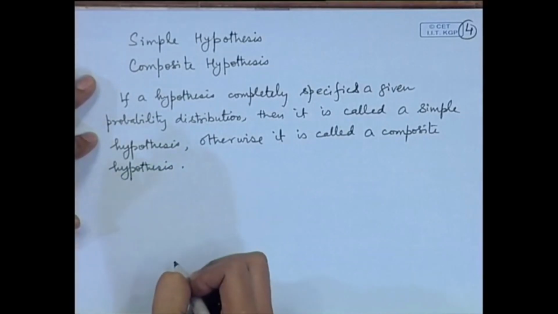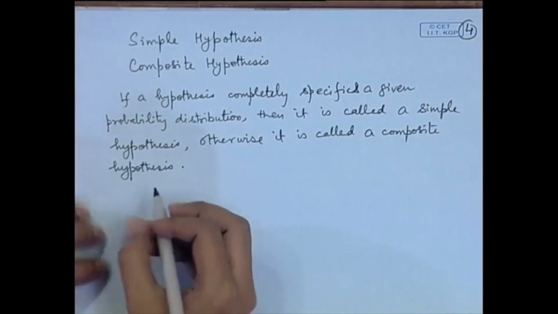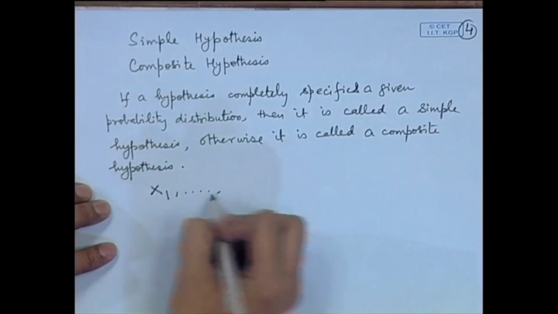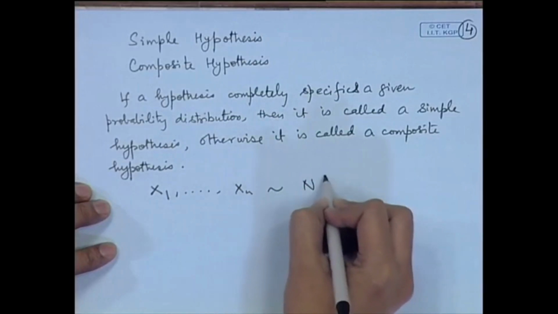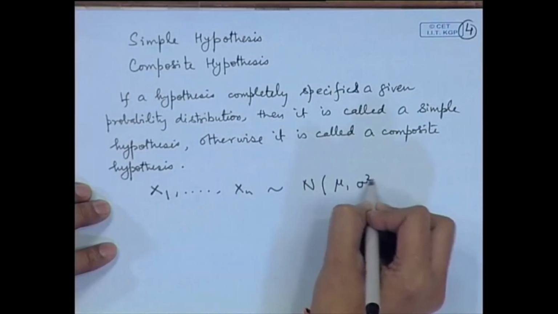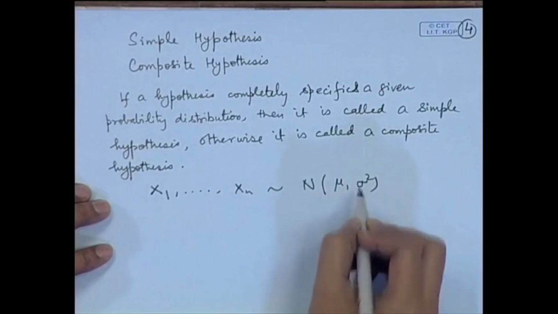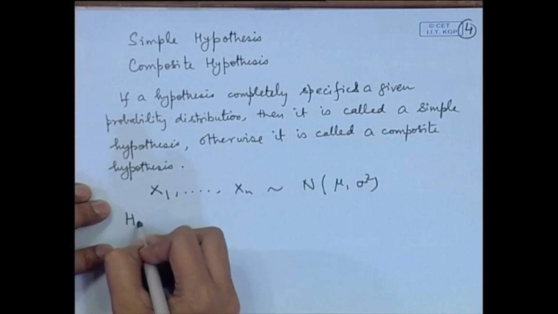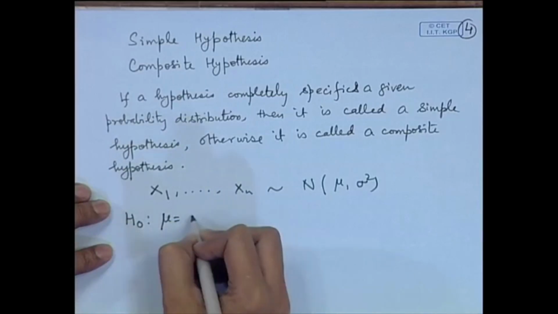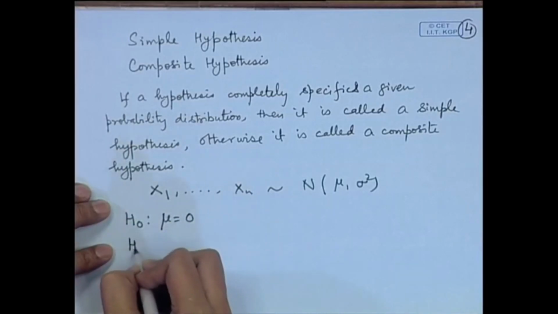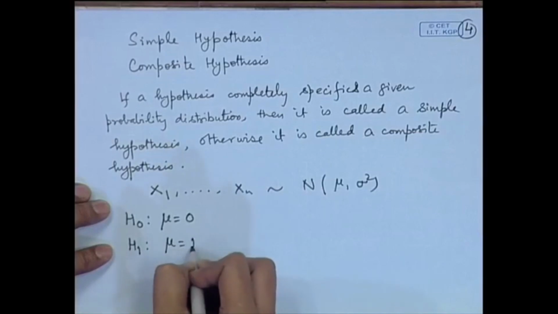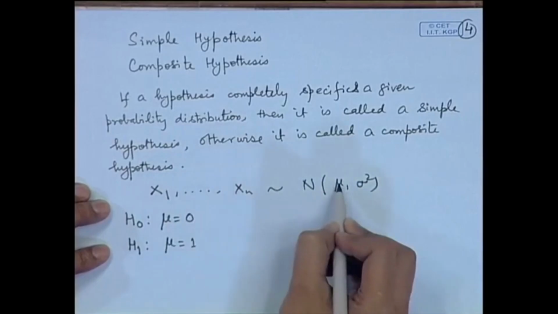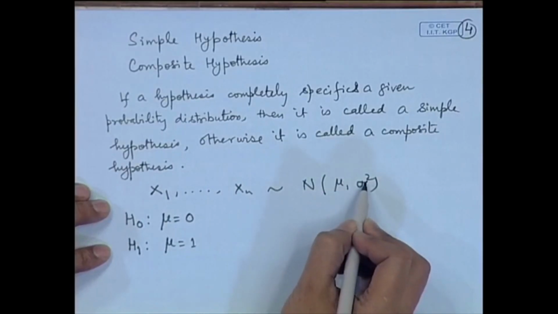So, for example, suppose we know that the data x 1, x 2, ..., x n is from a normal distribution with parameters mu and sigma square, where the parameters mu and sigma square may be unknown. Then if I have a hypothesis, say H naught: mu is equal to 0, and another hypothesis, say mu is equal to 1, then this is specifying only the parameter mu here and sigma square is still unknown.